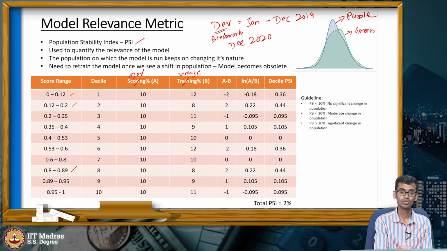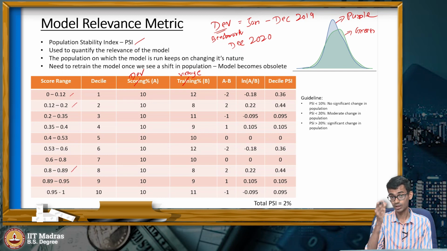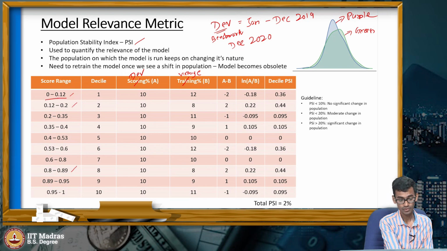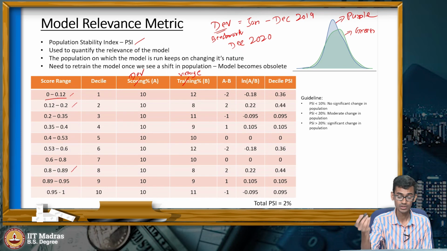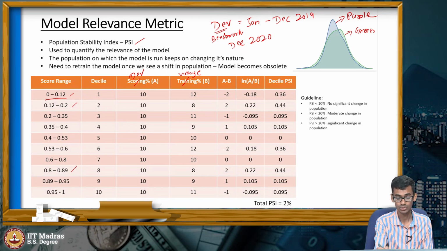So you're finding out the percentage of data that falls in each of these buckets. For development data, it's pretty straightforward: it is 10% of the data, because that is the very idea of doing this deciling. But the number of data points that fall in this range for the first decile could be different for the vintage data, that is the December 2020 data.